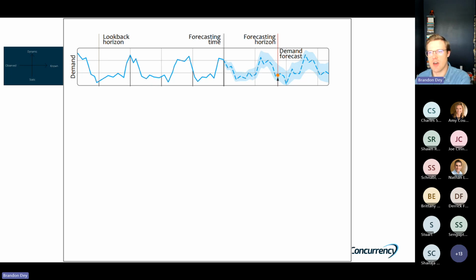This is the point in time in the past that you go back to evaluate, or to basically chunk what goes into the model. You've then got a point in time, call it right now, right? This is the point at which you forecast. And you're going to forecast over some time period into the future. That's called your forecasting horizon. And then you have this little orange dot, which is your specific demand forecast.